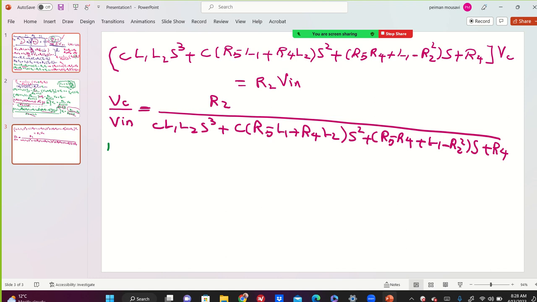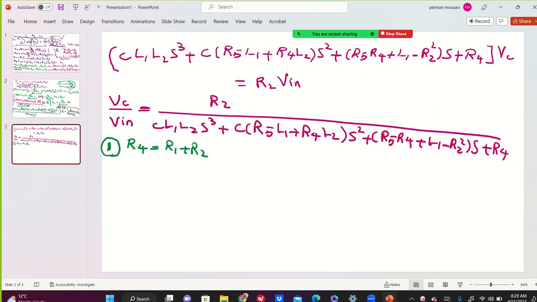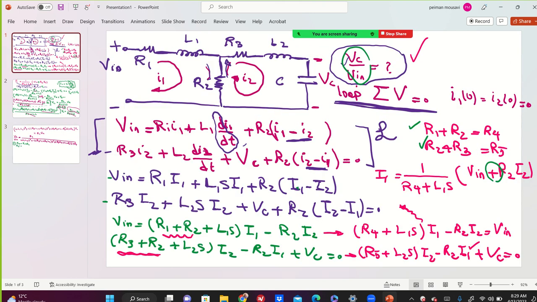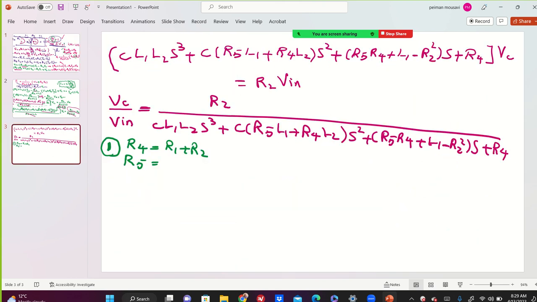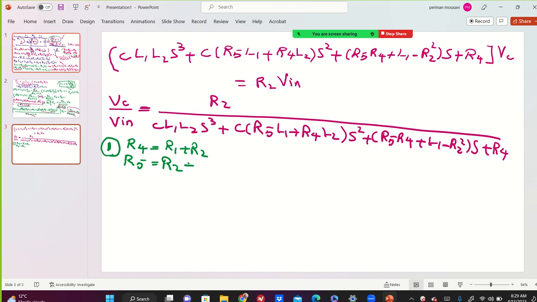This first set of the parameters, you know that because I told you R4 is R1 plus R2 that we assumed here. And the R5 is R2 plus R3.